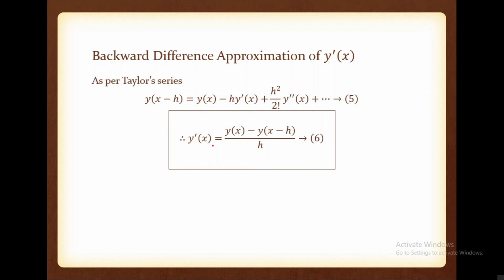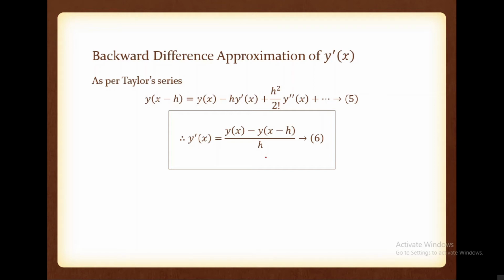So here we are using the concepts of backward difference, which is why it is known as backward difference approximation. So please note equation number 4 and equation number 6. Equation number 4 is the forward difference approximation of y dash of x, and equation number 6 is the backward difference approximation of y dash of x.